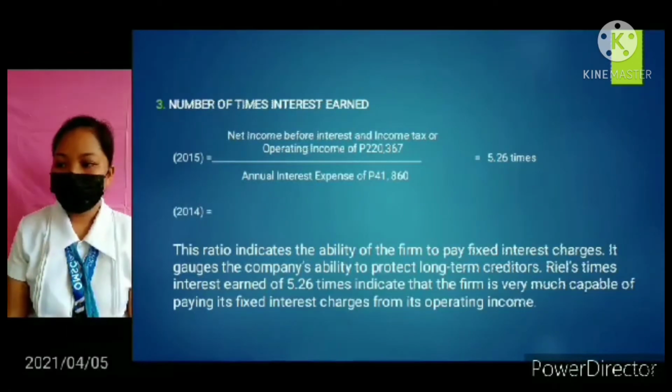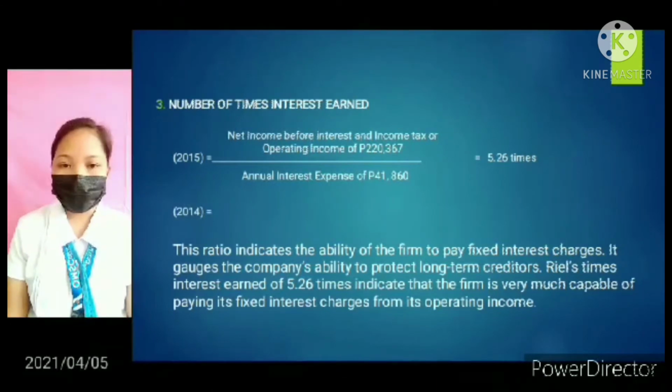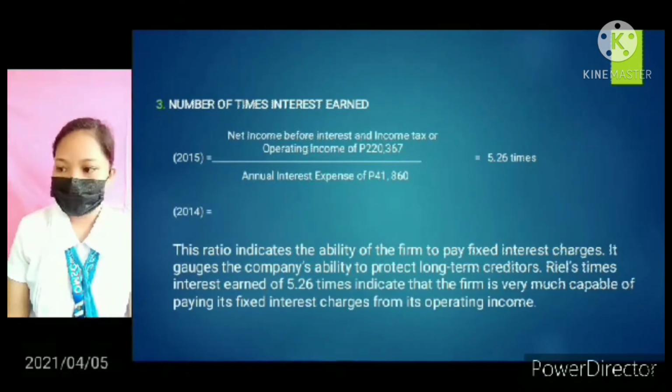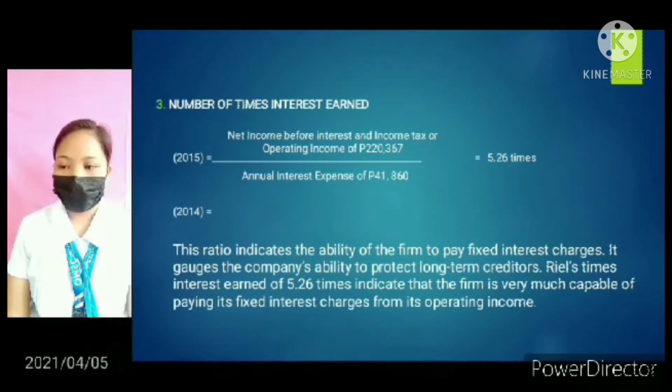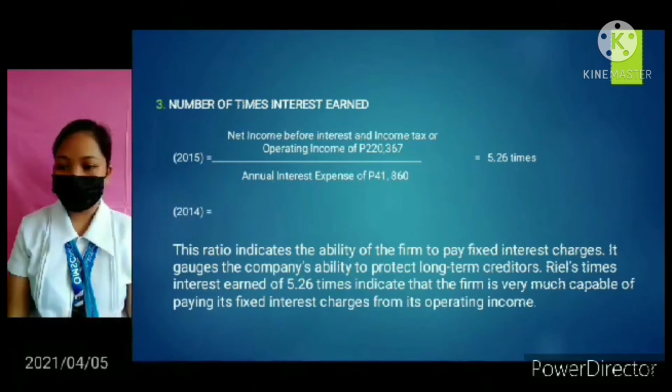Number 3, times interest earned. The formula of this is net income before interest and income tax, or operating income, divided by annual interest expense. This ratio indicates the ability of the firm to pay fixed interest charges.